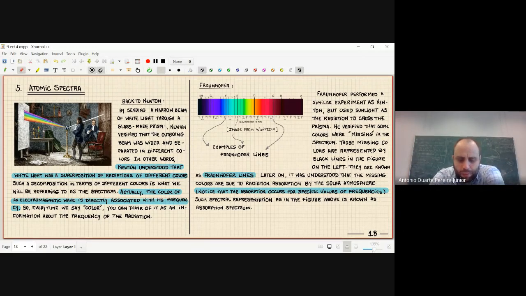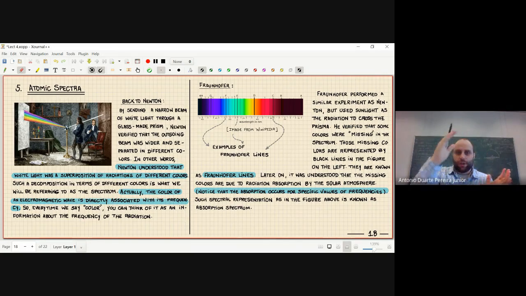So by sending this narrow beam of white light through this glass-made prism, Newton verified that the outgoing beam, so this was a narrow beam made of white light, and it went through the prism, and then you see that it becomes wider, okay?